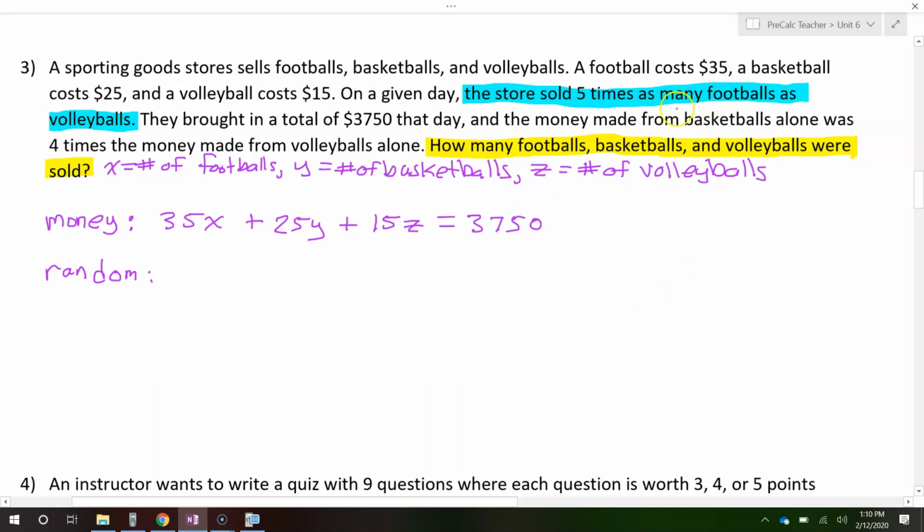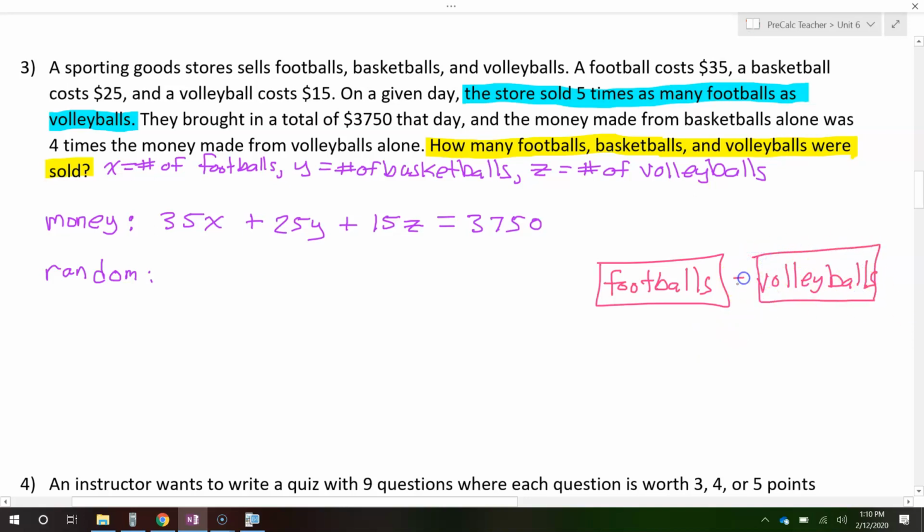We're comparing the number of footballs with the number of volleyballs. I'm going to temporarily set them equal to each other, knowing that this is wrong and I have to fix it. Look at the blue. Which is more? Footballs or volleyballs?